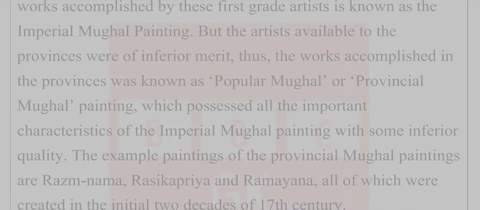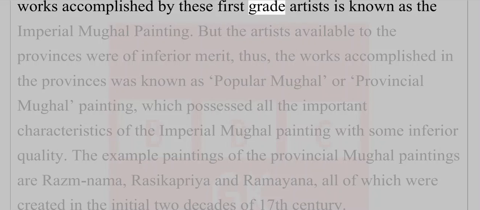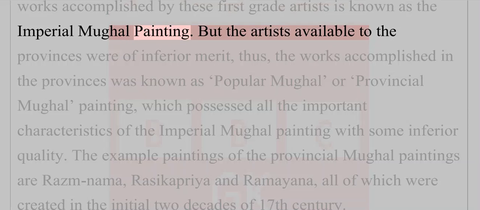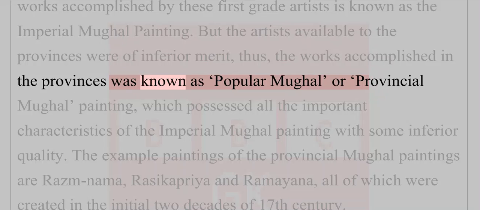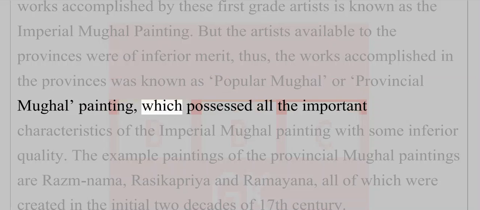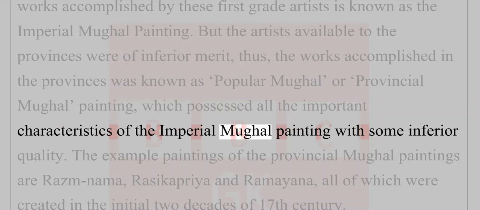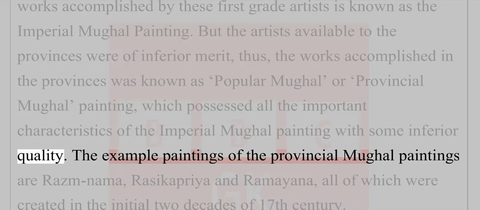The works accomplished by these first-grade artists is known as the imperial Mughal painting. But the artists available to the provinces were of inferior merit. Thus, the works accomplished in the provinces was known as popular Mughal or provincial Mughal painting, which possessed all the important characteristics of the imperial Mughal painting with some inferior quality.